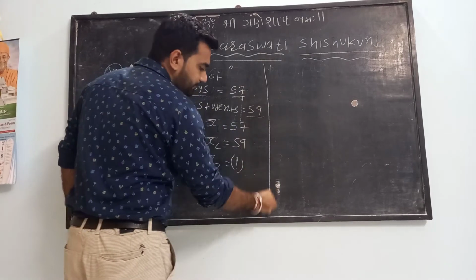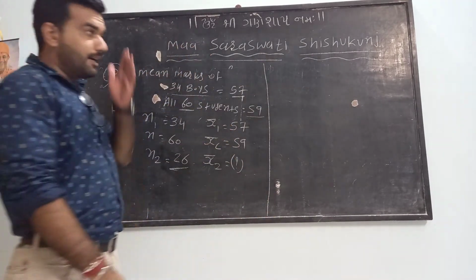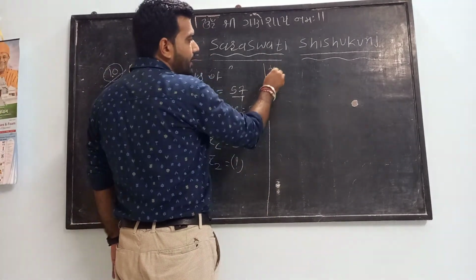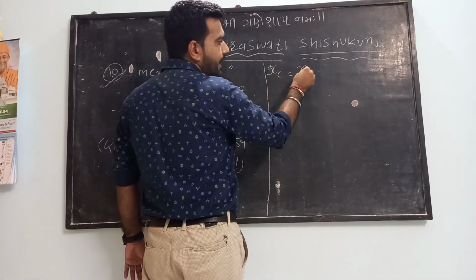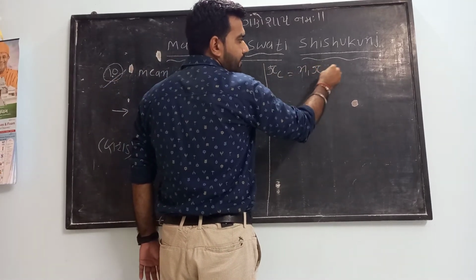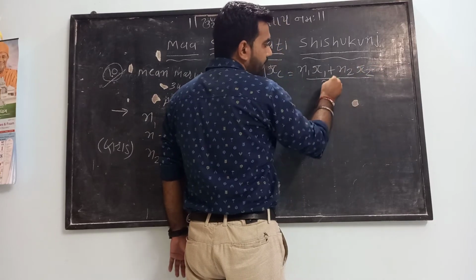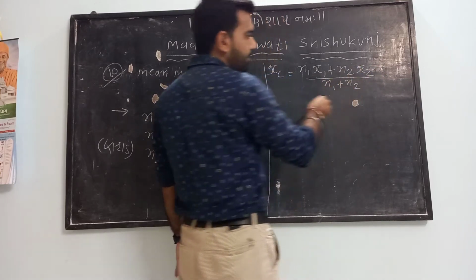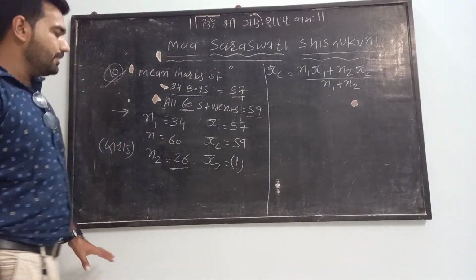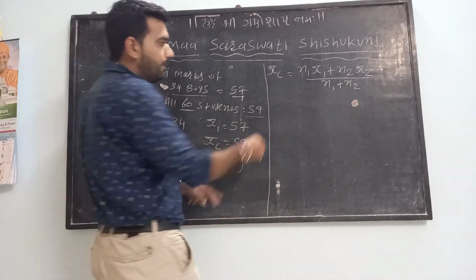Now, using the combined mean formula, x bar c is equal to (n1 x bar 1 plus n2 x bar 2) upon (n1 plus n2). Here x bar c is given as 59.